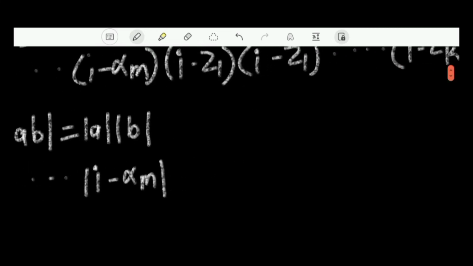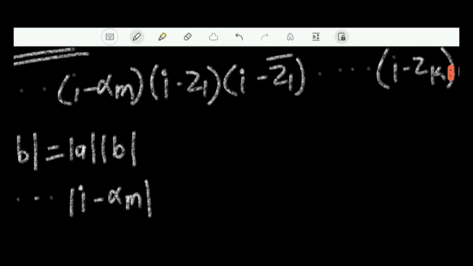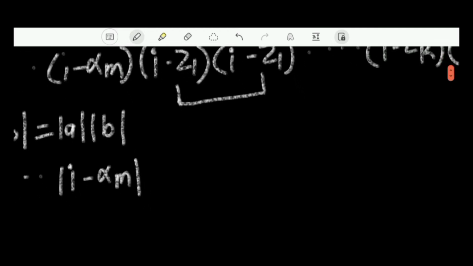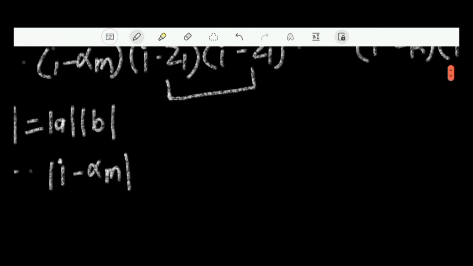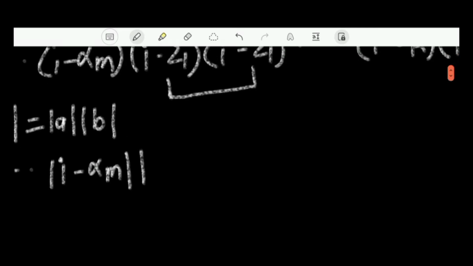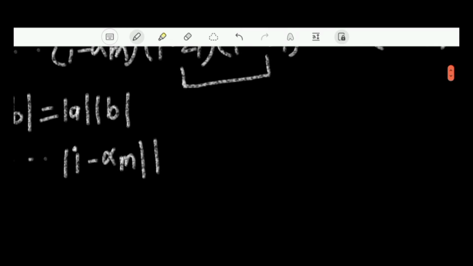And now here comes the tricky part: I'm going to pair them, and we'll put each pair inside the mod. So we can write this as (i − z1)(i − z1 bar).